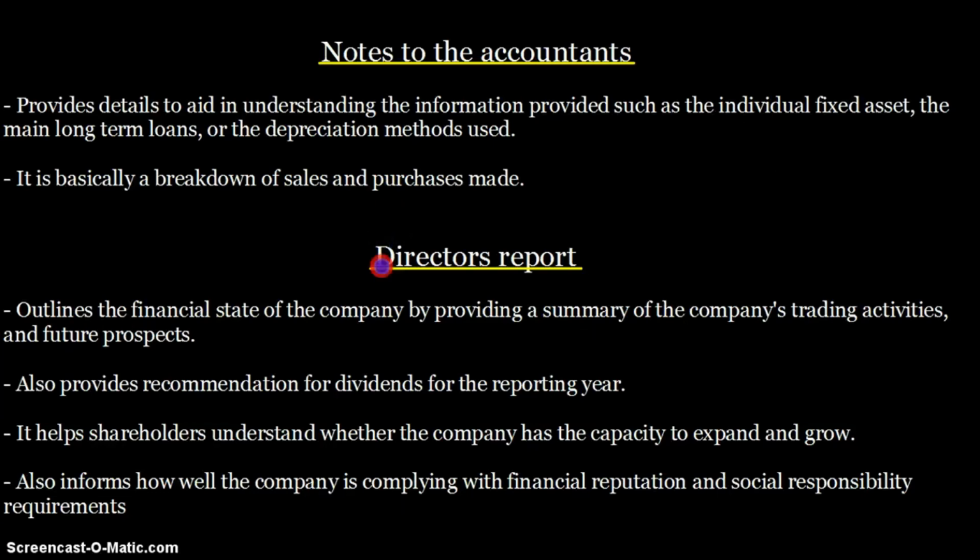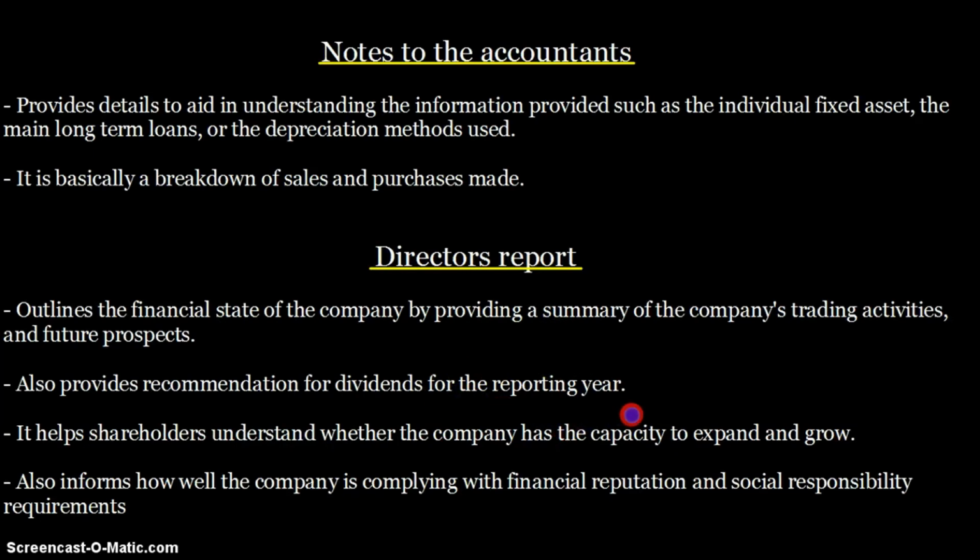And finally, we have the director's report. This outlines the financial state of the company by providing a summary of the company's trading activities and future prospects. So they provide what has taken place, what the business has traded before, and what they want to do in the future. It also provides a recommendation for dividends for the reporting year.